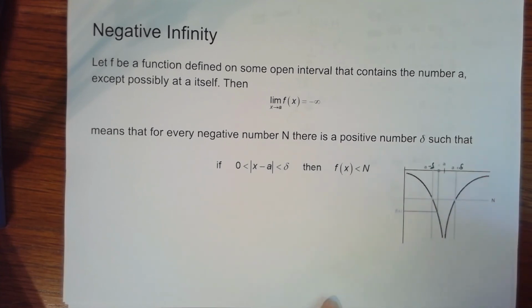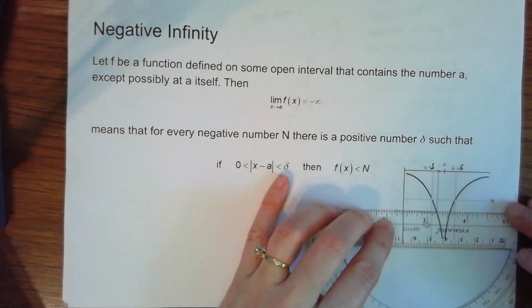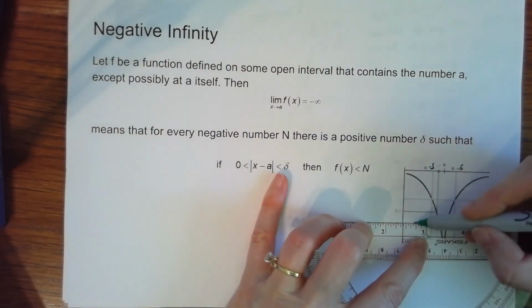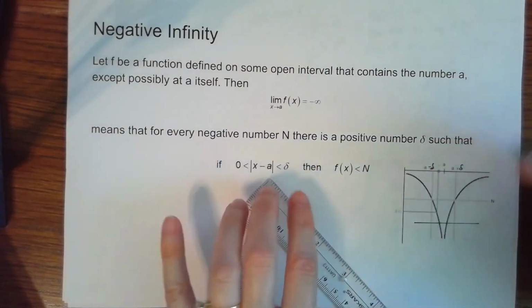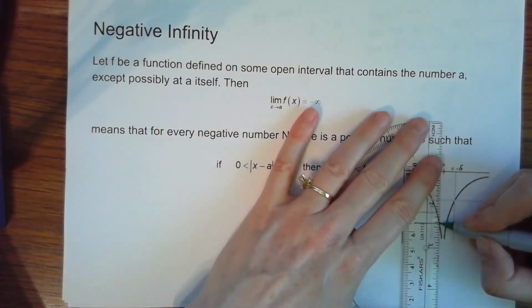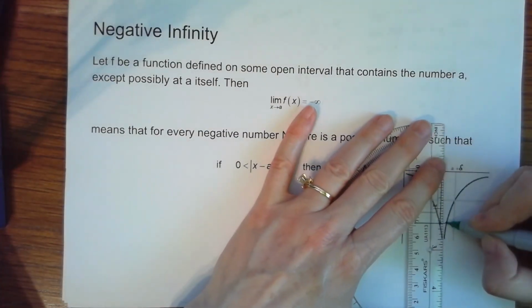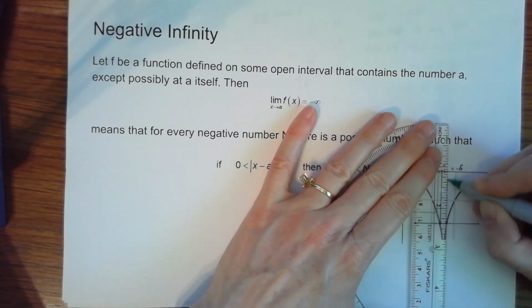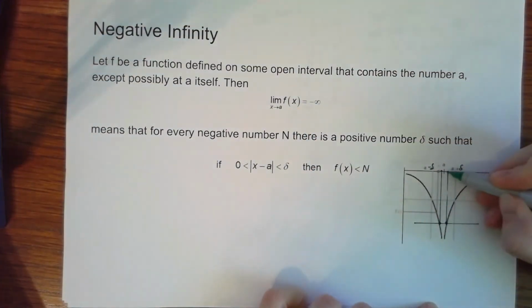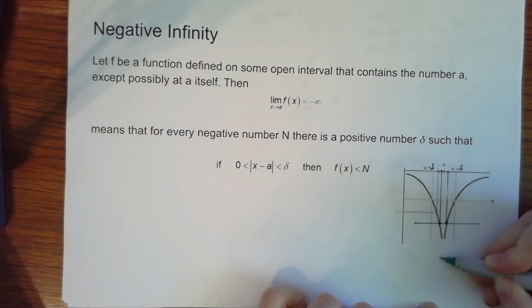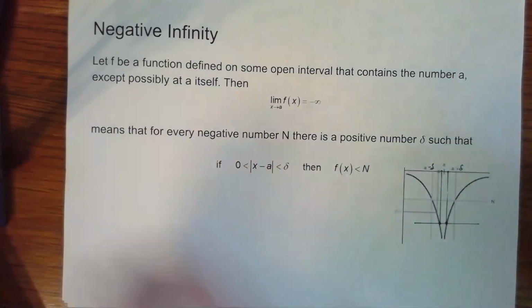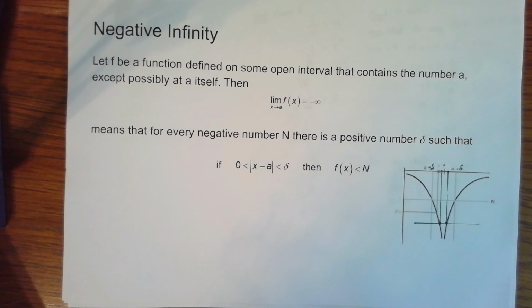Once again, notice if I take this n and make it a smaller number, out here, that's going to really affect what happens with delta. It's going to have to be even smaller. I'm going to have to be within a smaller range to get my value up there. So the n and the delta are intimately connected, just like the m and the delta, just like the epsilon and the delta were in the regular limit proofs.